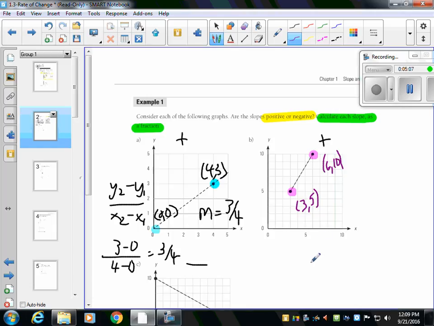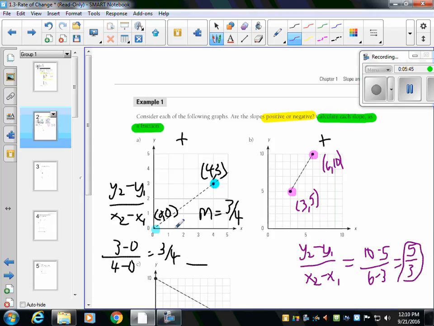So when I finish here, then I would do y2 minus y1 over x2 minus x1. So my second y is 10 minus my first y, which is 5, over my second x, which is 6, and my first x, which is 3. 10 minus 5 is 5. 6 minus 3 is 3. So my slope of this graph would be 5/3.